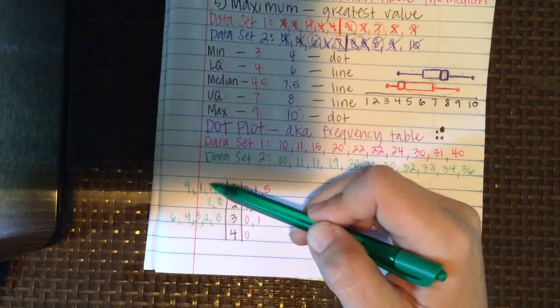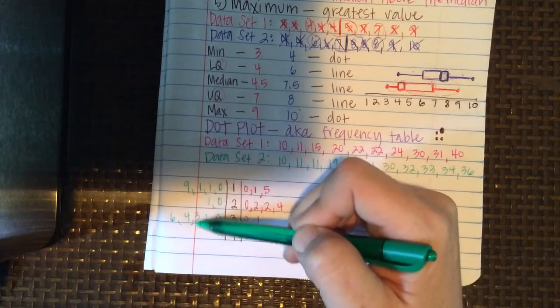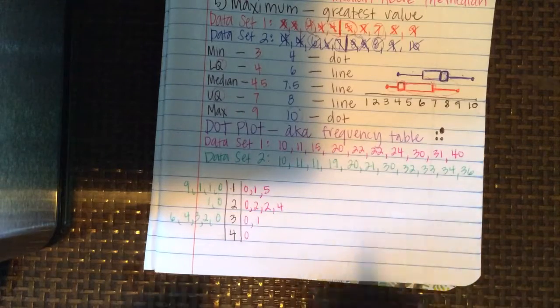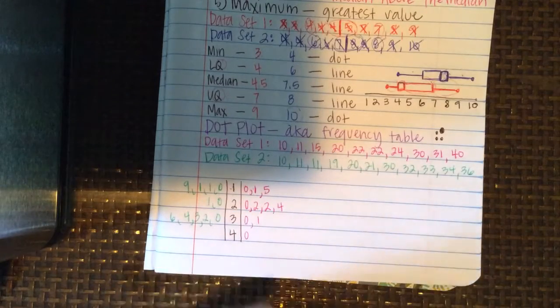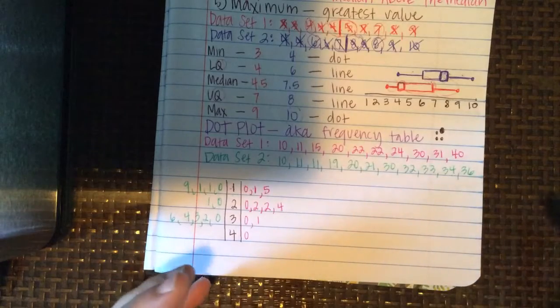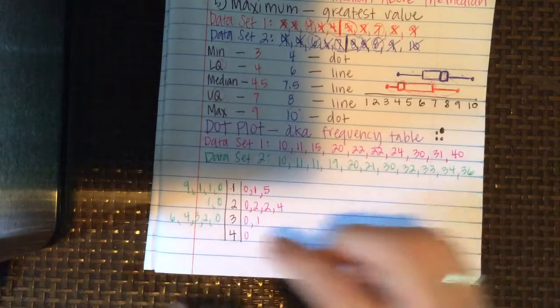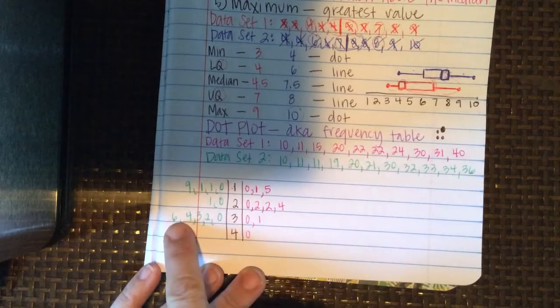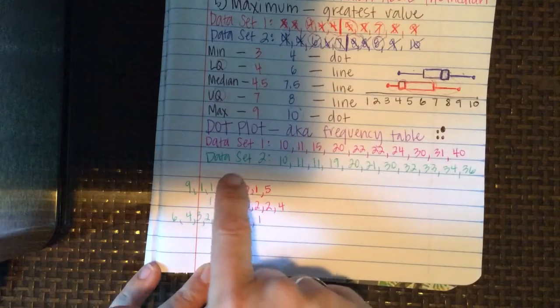Because you don't want your graph to not represent your data accurately. I want to be able to look at the stem and leaf and say, oh, in data set number 2, there were a lot of values in the 30s and in the 10s.